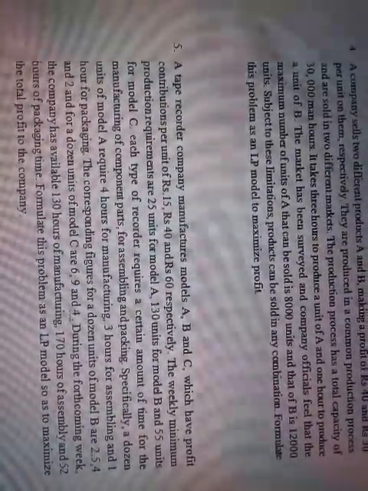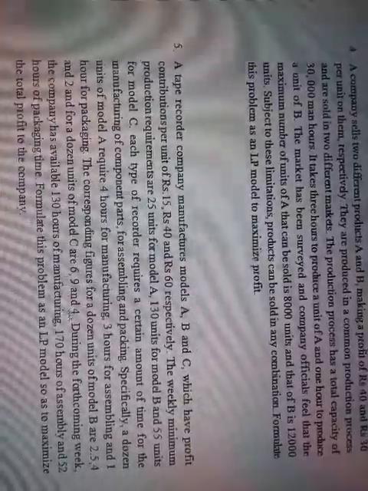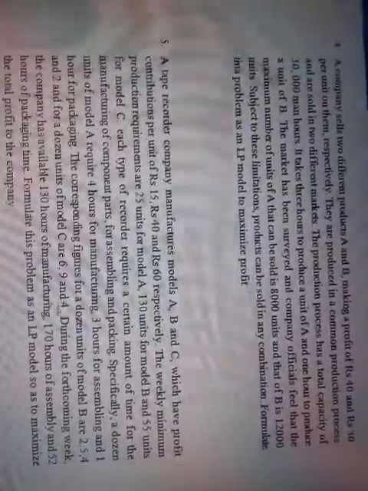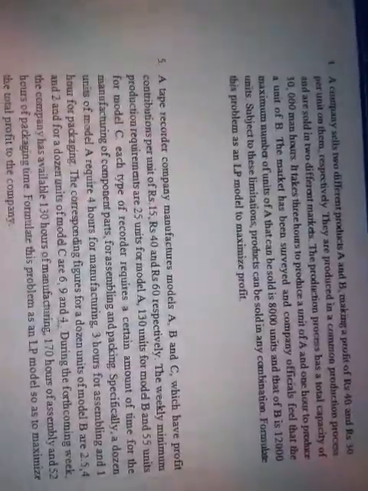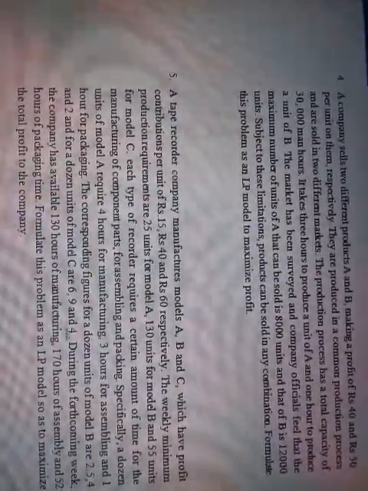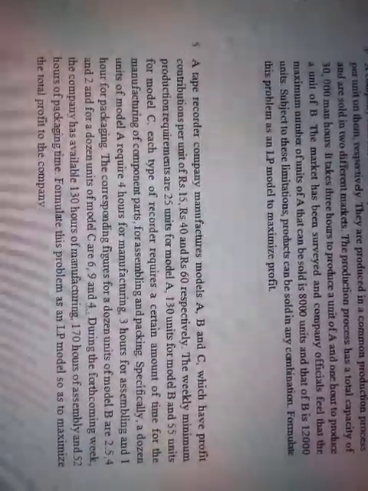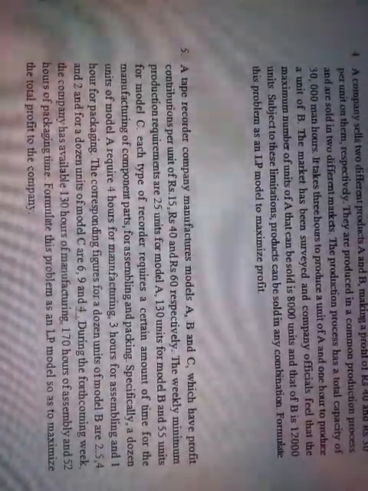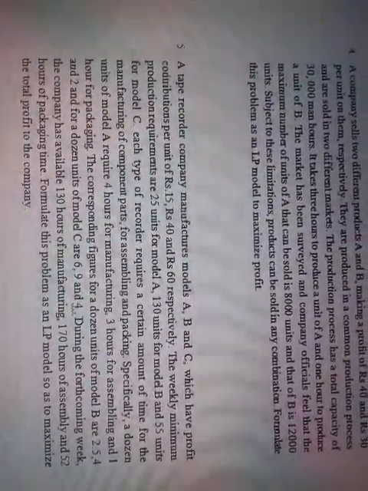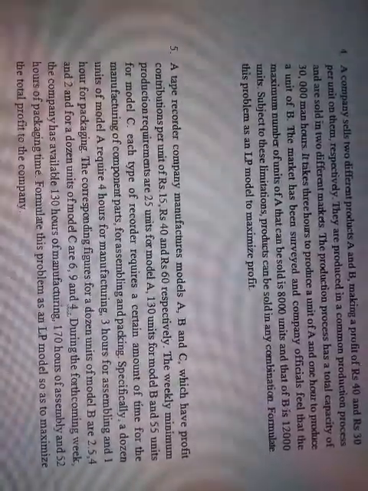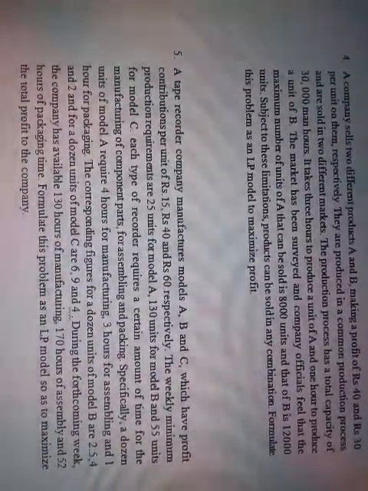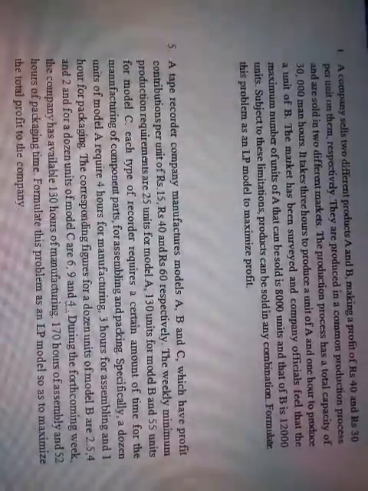Specifically, a dozen units of model A require 4 hours for manufacturing, 3 hours for assembling and 1 hour for packaging. The corresponding figures for a dozen units of model B are 2.5, 4 and 2, and for a dozen units of model C are 6, 9 and 4.